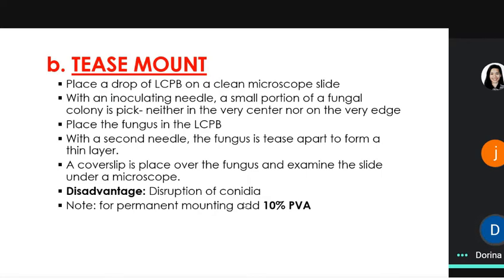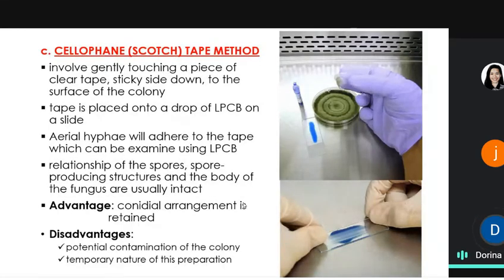So, another method for preparation is also the cellophane. Nag-parasite na kayo. Who can tell me how you did your scotch tape method sa parasitology? Giselle. Where's Giselle? Paano nyo ginawa yung scotch tape ninyo sa enterobius?